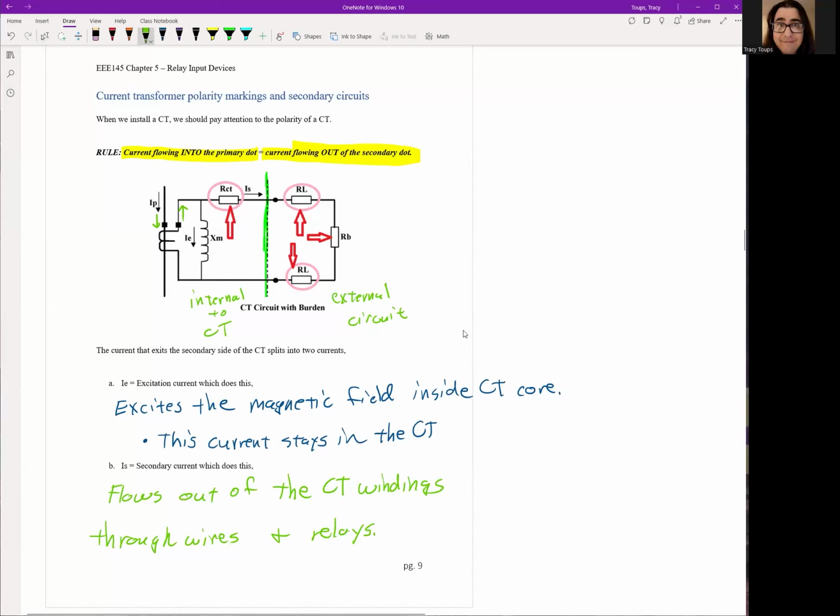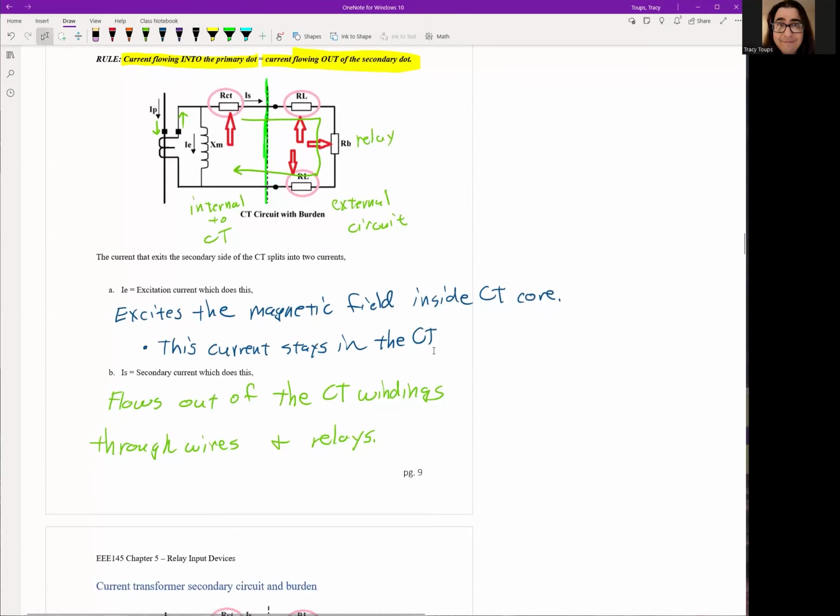Think of your secondary current flowing out, hitting the top wire to the relay, RV, this is the relay right here, and then flowing back through the wires to the CT itself. So you have to think about the path going to the relay and back.